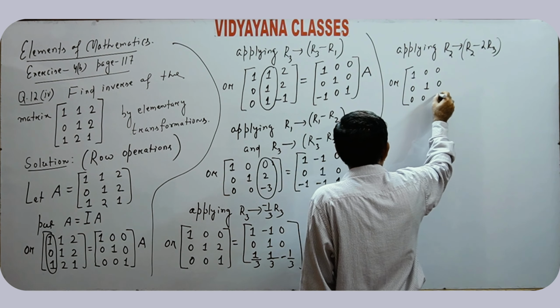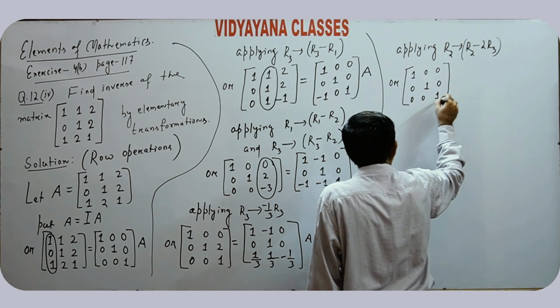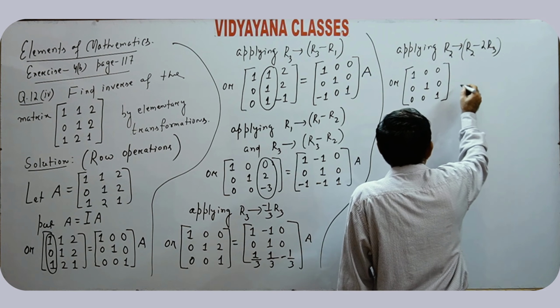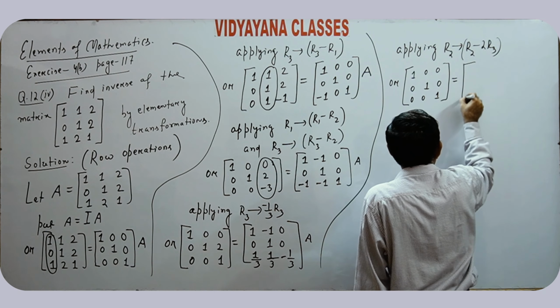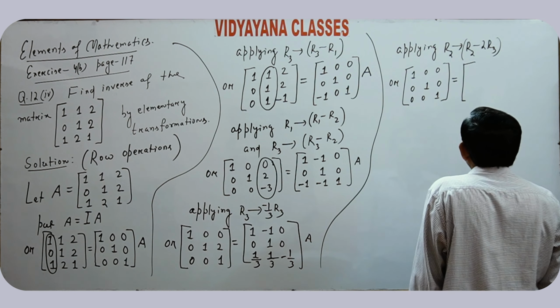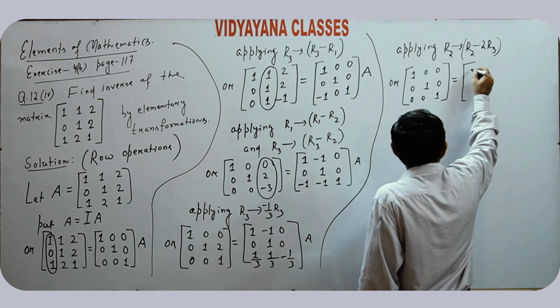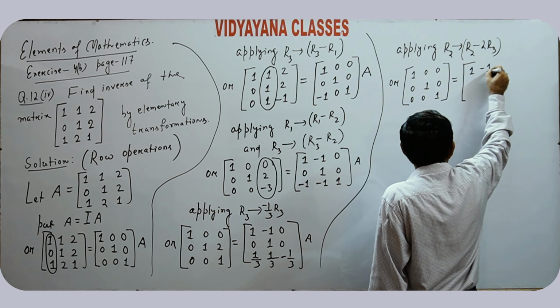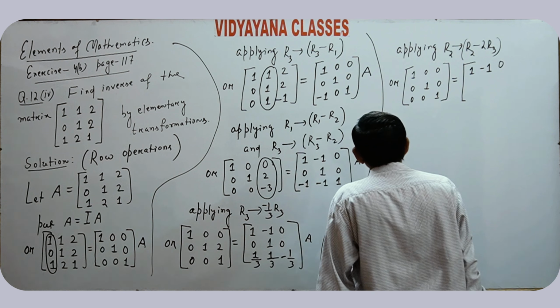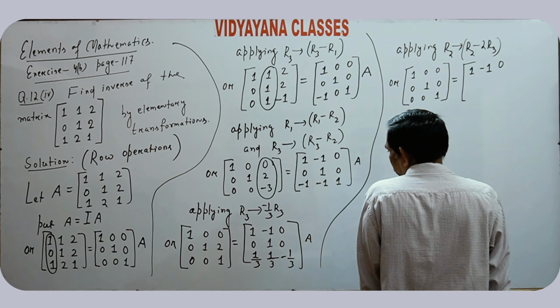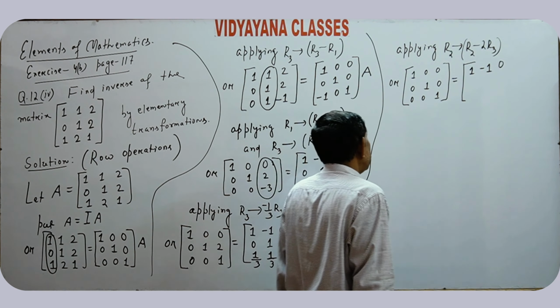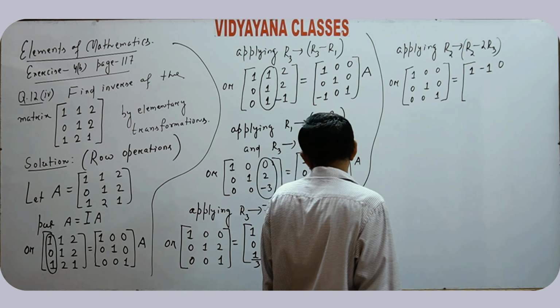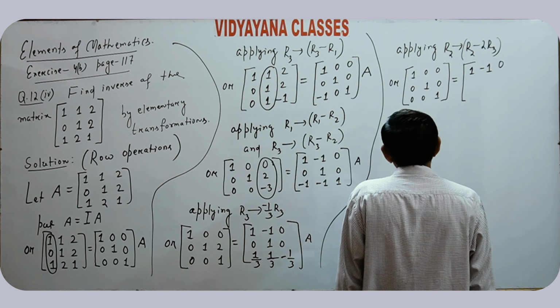No change of row 3. No change of row 1, 1 minus 1, 0. Row 2 is replaced by row 2 minus 2 times of row 3.